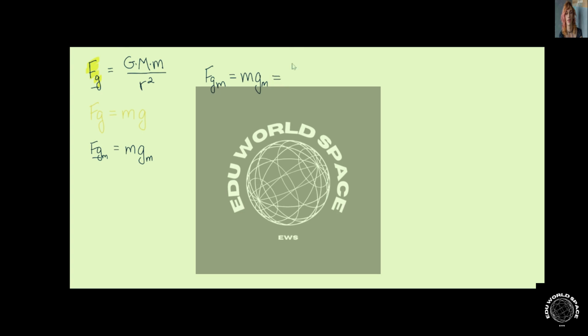And that would also equal the gravitational constant times the mass of the moon times the mass of an object, once again, an arbitrary object. And we would start talking about not just the distance between the two objects, but the radius of the moon itself.